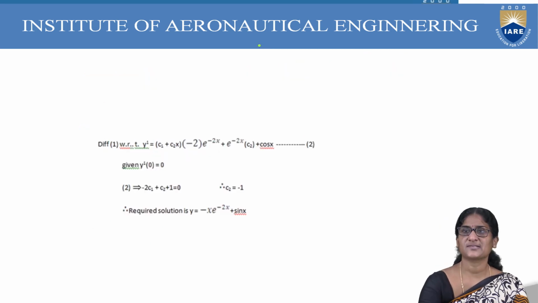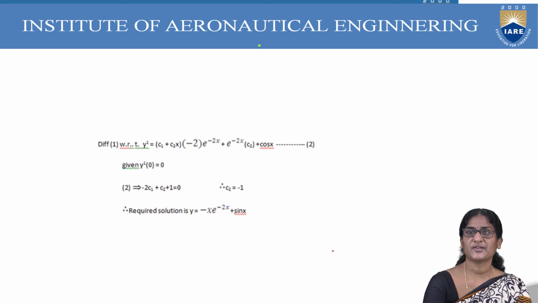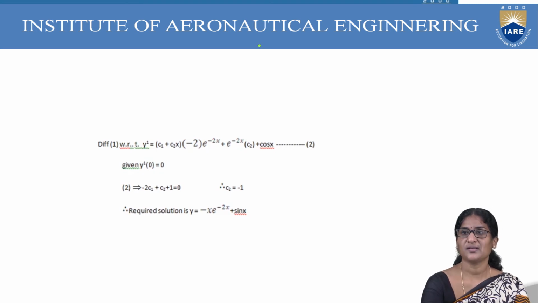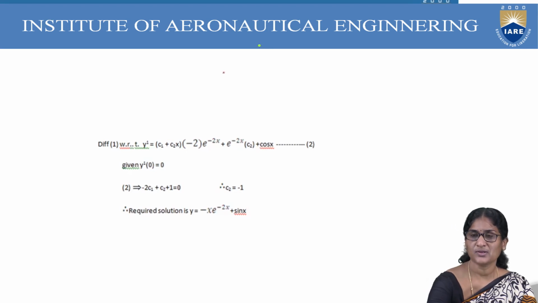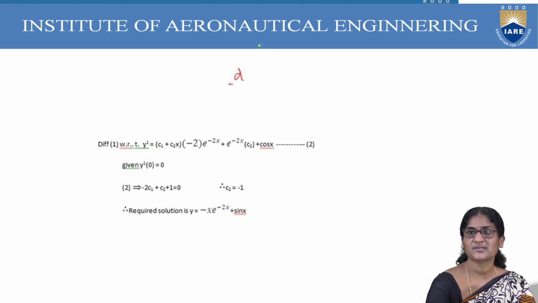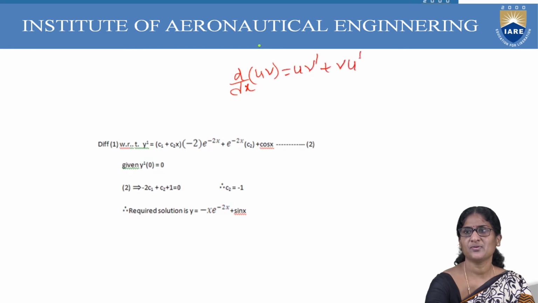Now next, differentiate that with respect to x once again. Differentiating with respect to x, we use the u into v rule: d by dx of u into v is u v dash plus v u dash.